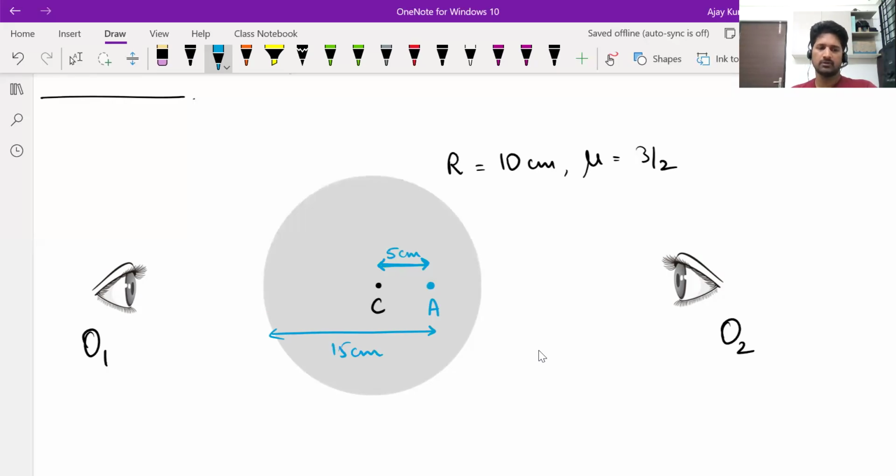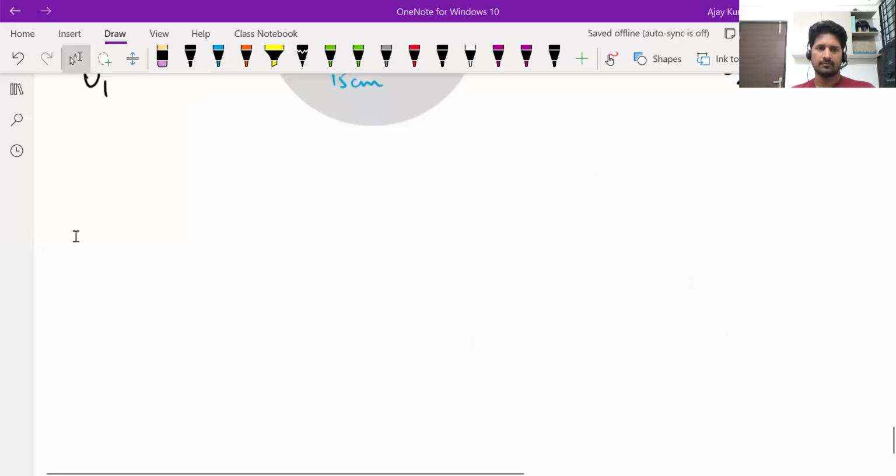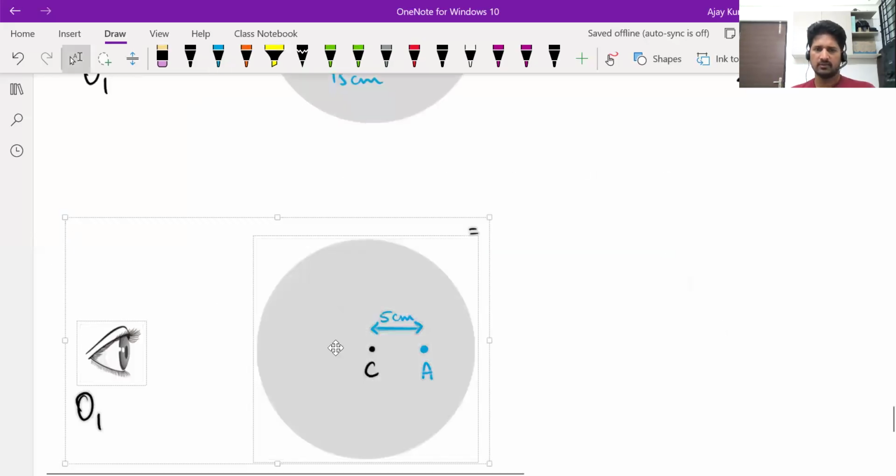It's very important to visualize how the rays travel. Okay. I think it will appear farther only.